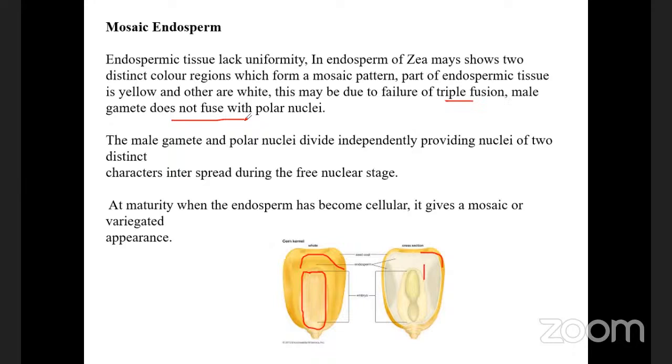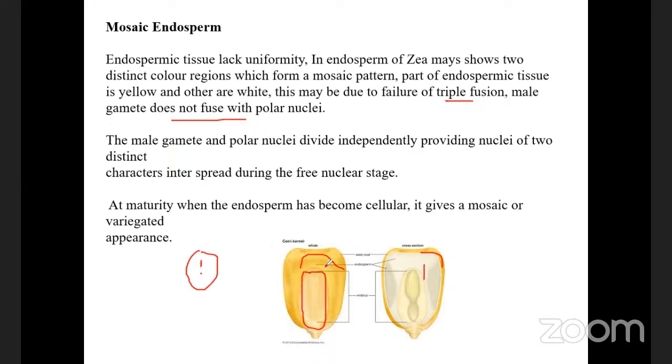Or otherwise, the male gamete and the polar nuclei may divide separately, independently, so that two distinct color nuclear endosperms will be formed. So at maturity, endosperm will give the mosaic type, variegated appearance.